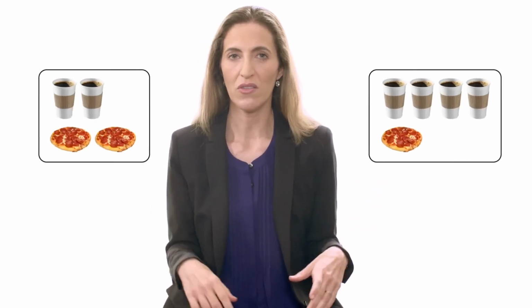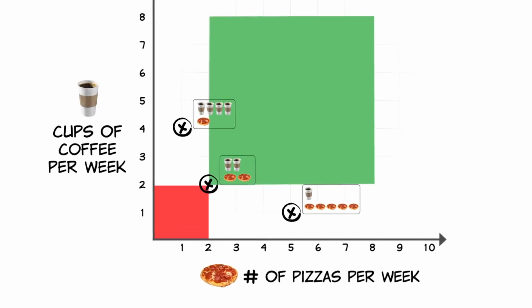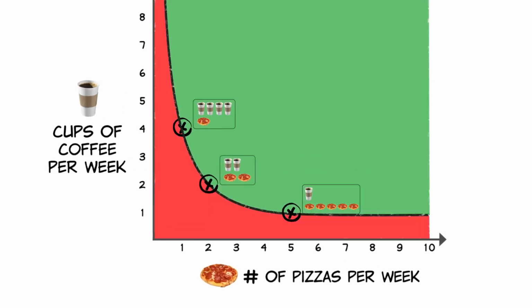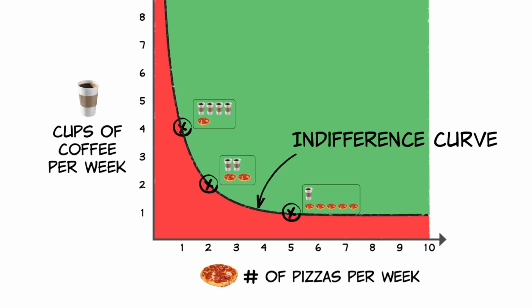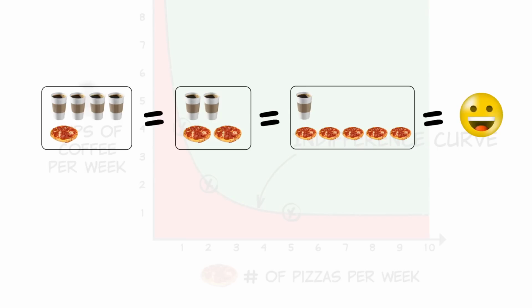Anytime someone asks you if you would rather have one combination of goods versus another, and you go, I don't care, you are saying you are indifferent between the two. The line that connects the combinations that leave you indifferent is called your indifference curve, and each point on the line represents the same amount of satisfaction or utility.